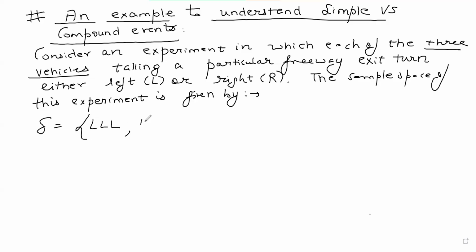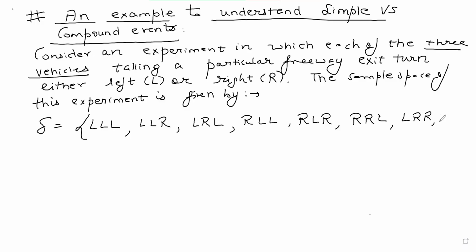Another possibility is the first two vehicles turn left, the third turns right, LLR. Another is first one left, second right, third left, LRL. Another is first one turns right, the next two turn left, RLL. Another is first one right, second one left, third one right, RLR. Another is RRL, right, right, left. Another is first one turns left, but second and third turn right, LRR. And one last possibility is that all three vehicles turn right, RRR.